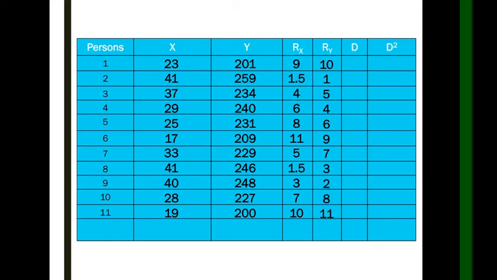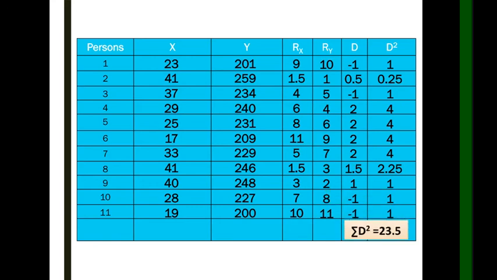For the difference of R sub X and R sub Y, we have negative 1, 0.5, negative 1, 2, 2, 2, 2, 1.5, 1, negative 1, and negative 1. For the squared of the d, we have 1, 0.25, 1, 4, 4, 4, 4, 2.25, 1, 1, and 1. Finally, get the summation of d squared, which is equal to 23.5.